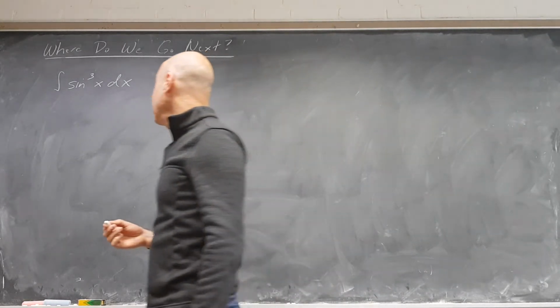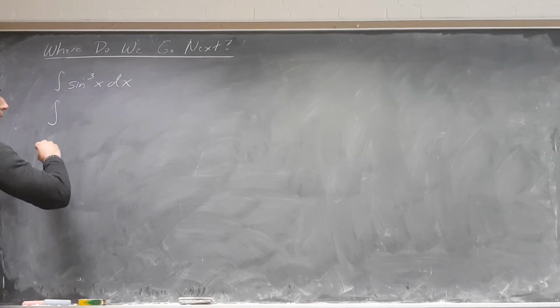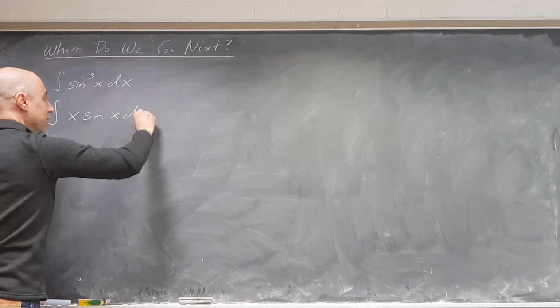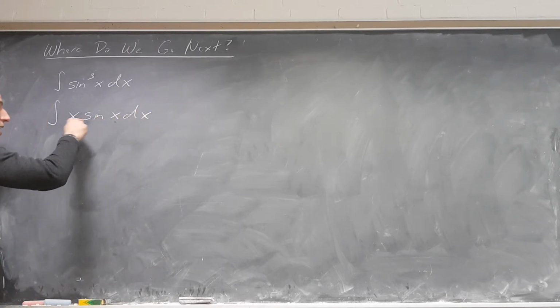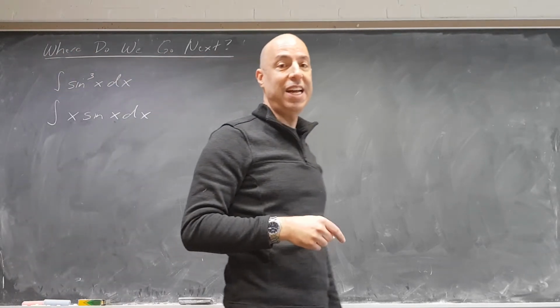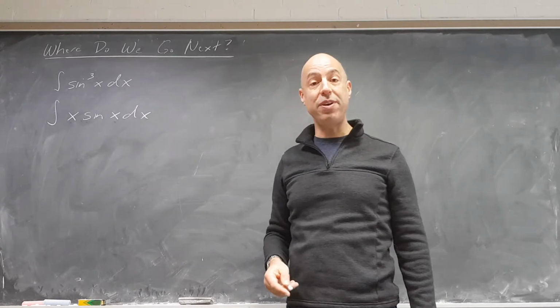Or perhaps something like x times sine x, just built out of sine x, an x, and a multiplication. We don't know how to find the antiderivative of that. Now, there are techniques to find the antiderivatives of both these things.